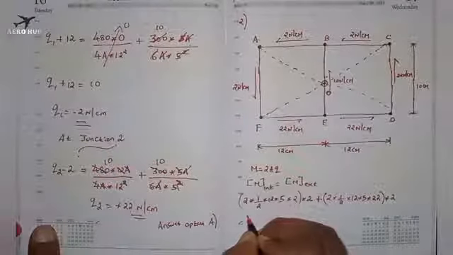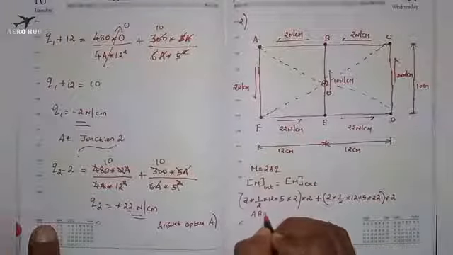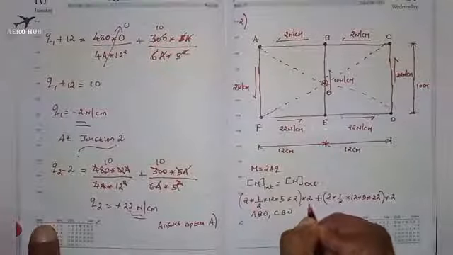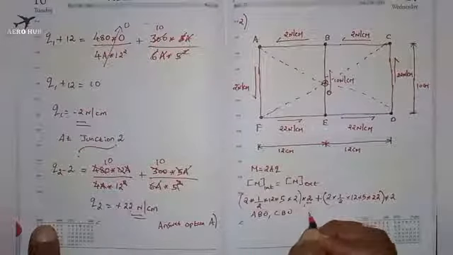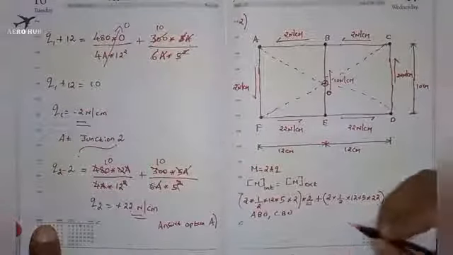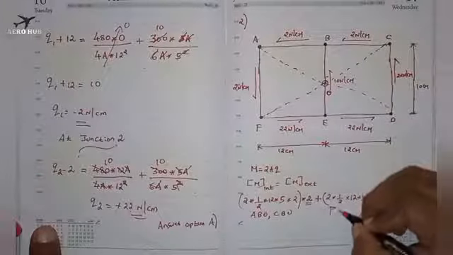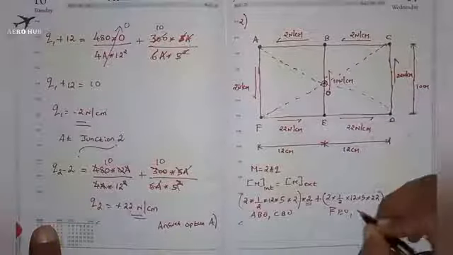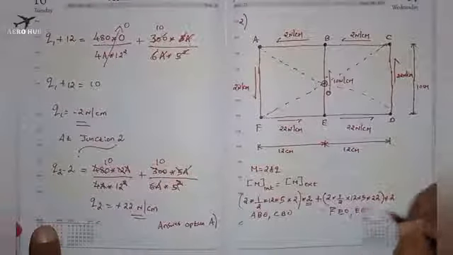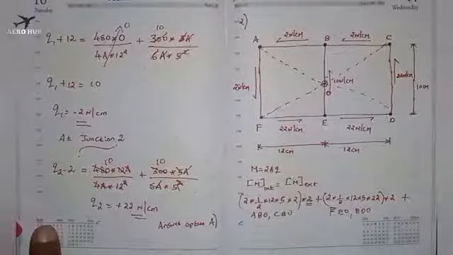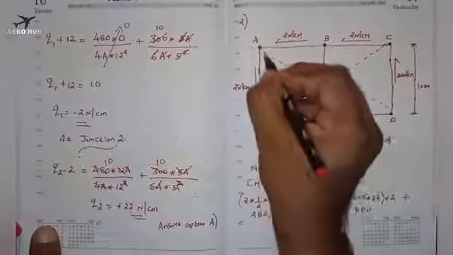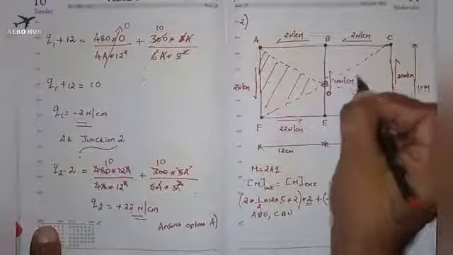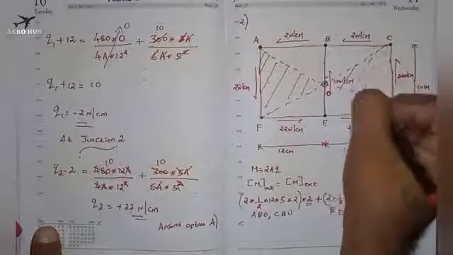This one is for ABO and CBO because of the multiplication by 2, and this one is for FEO and EDO, plus we have to consider these two triangles.